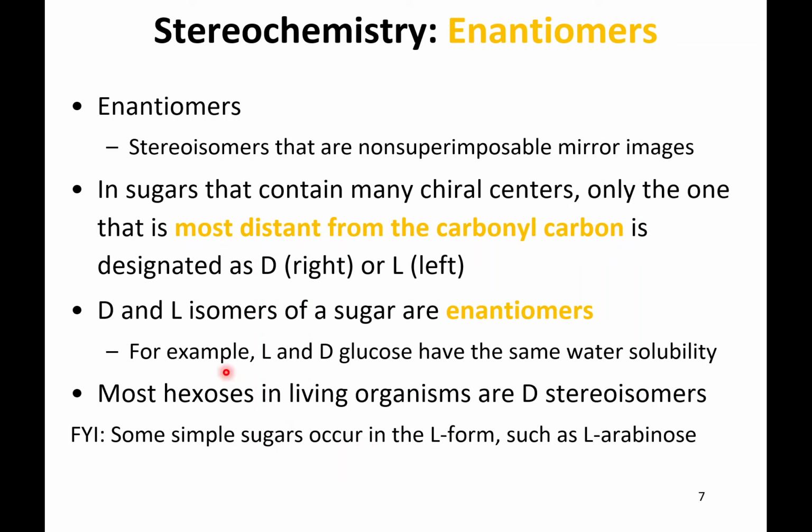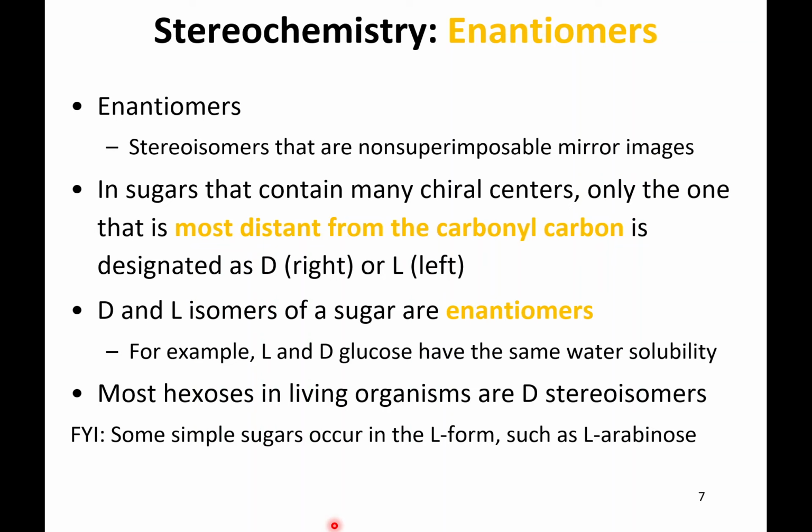Okay. Most 6-carbon sugars, so hexoses, in living organisms are D enantiomers. There are some L forms, but primarily sugars are in the D enantiomer form in living organisms, which is a little bit different than amino acids.